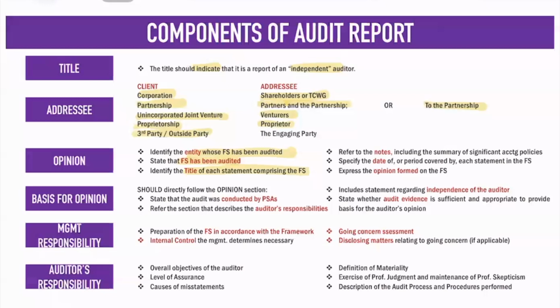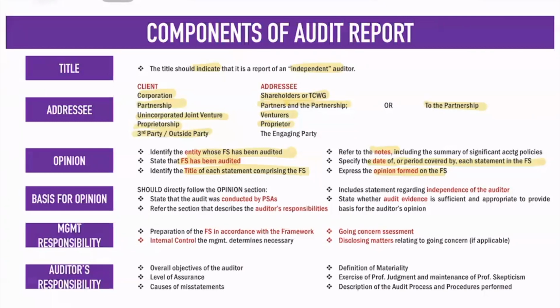So it determines what particular items of the FS were audited. Is it the whole complete set of financial statements, or certain financial statements only? Also, refer to the notes as to the summary of significant accounting policies, the date covered by each statement in the financial statements, and the opinion formed on the financial statements.